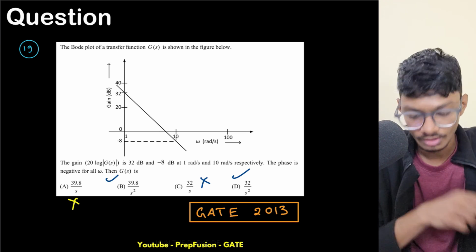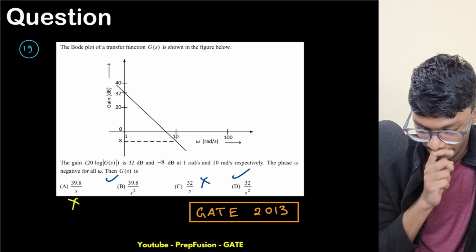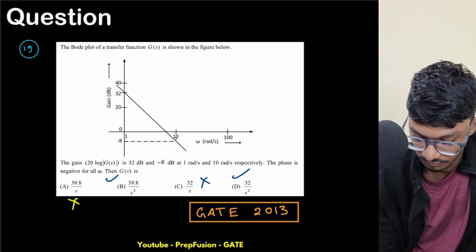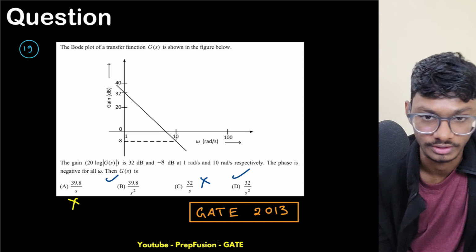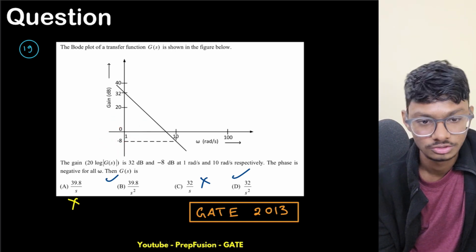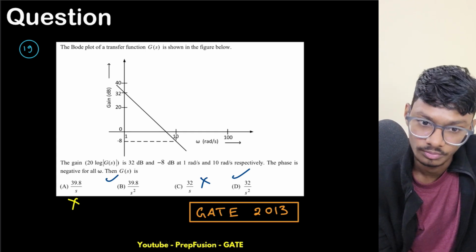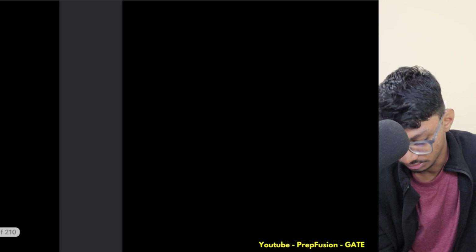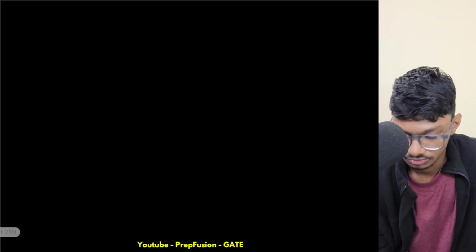So how to solve this one? Here, how to find the value of k? They have given the value of the gain at omega equals 1, so you can use that, or you can use the slope method also. Let's do this first.